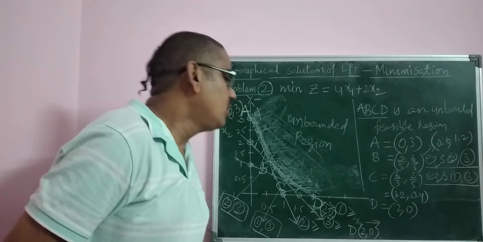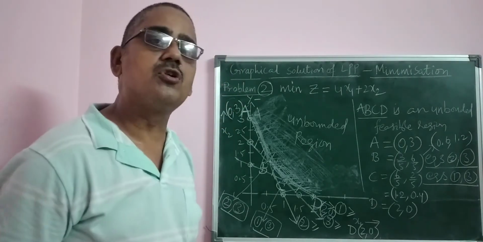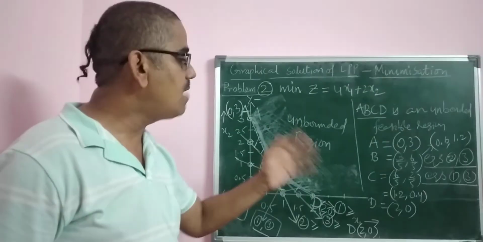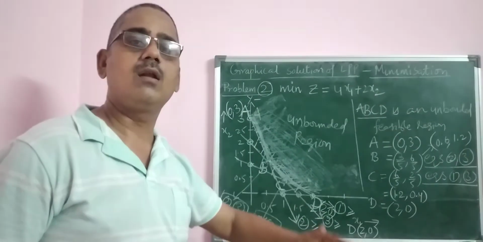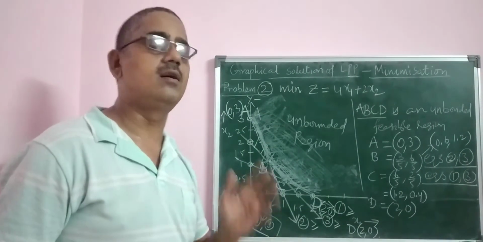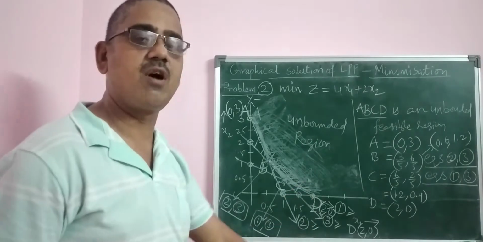So these are the values we have calculated: A, B, C, D. These are all the corner points we have obtained.